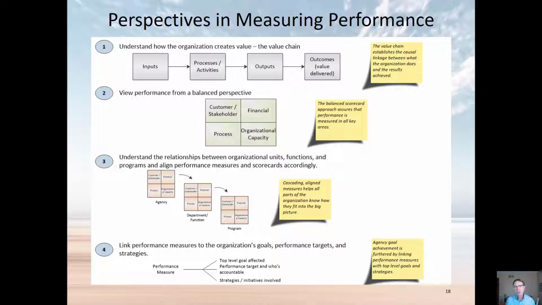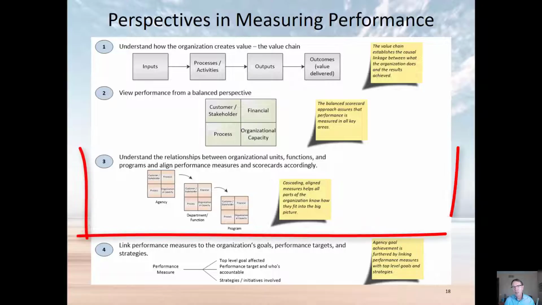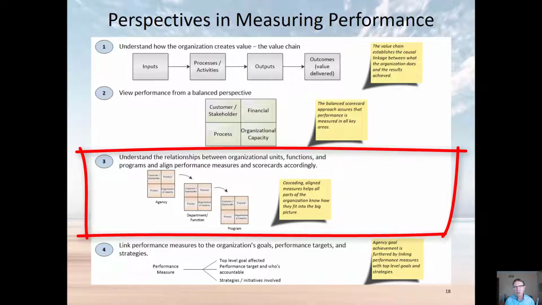The relationship between performance at the high level and at lower levels in the organization is very important, and something that CEOs, executive directors, are trying to achieve. So it's taking things at the high level and cascading them down to the department and to the program and to the individual level.